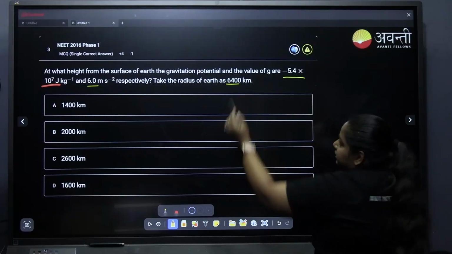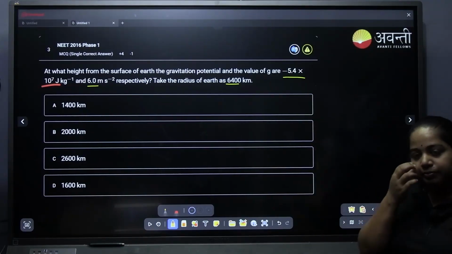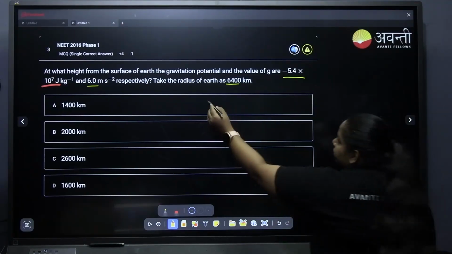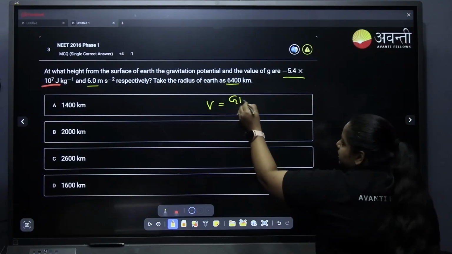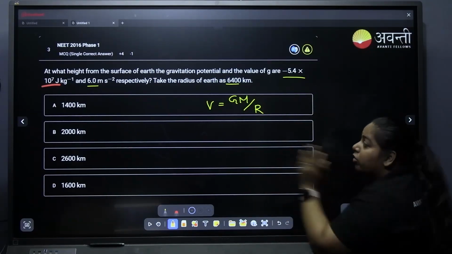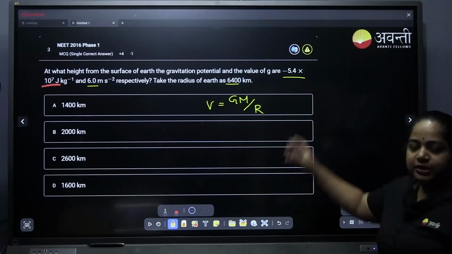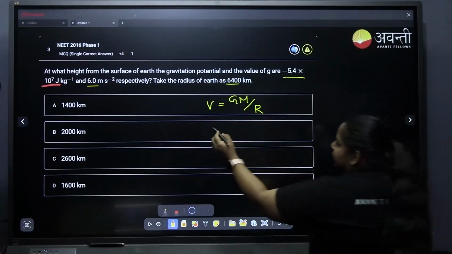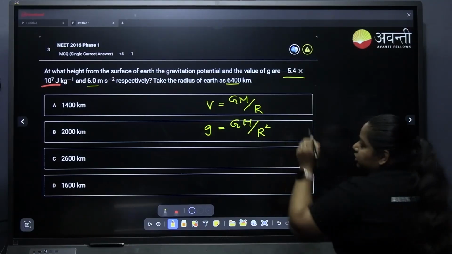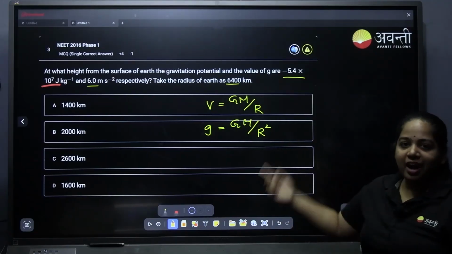Radius of Earth is given as 6400 km. We know that potential is equal to GM by R. I am taking the magnitude, not the negative sign. g is equal to GM by R square. We want to find R, right?